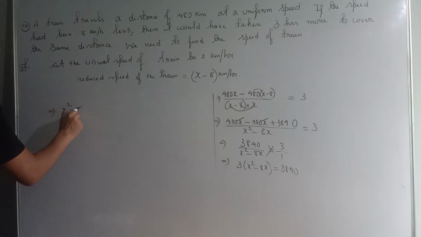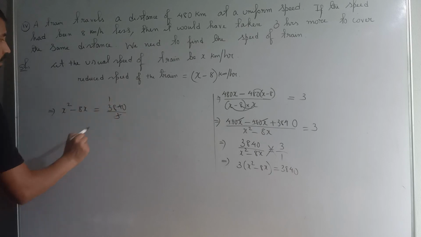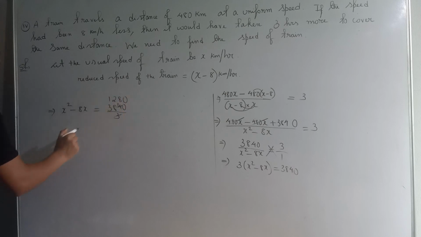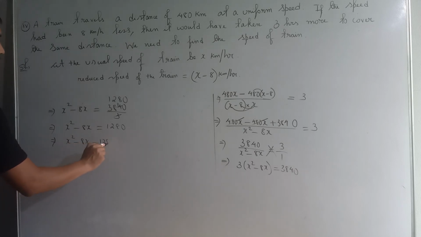So x square minus 8x equals 3840 upon 3. 3 1 times is 3, 3 2 times is 6, 2 carry, 3 8 times is 24, 0. So x square minus 8x is 1280. So x square minus 8x minus 1280 is 0.